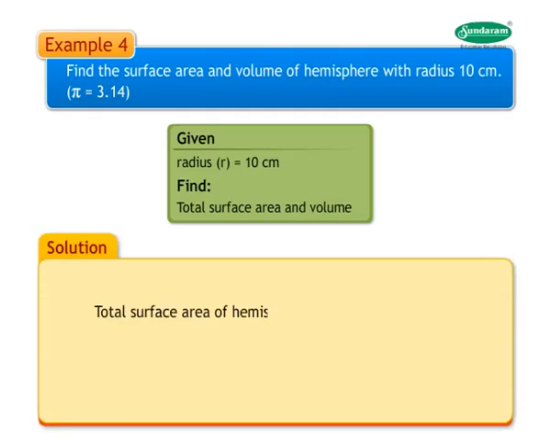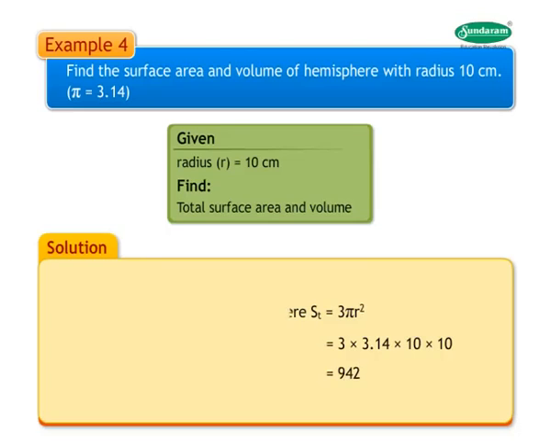Solution. Total surface area of hemisphere is equal to 3 pi r square, which is equal to 3 into 3.14 into 10 into 10, which is equal to 942.